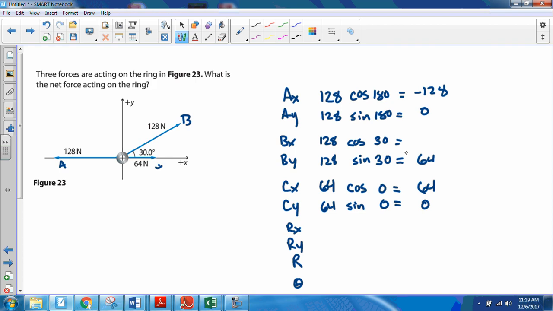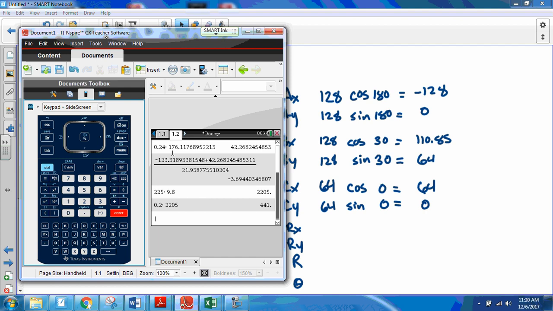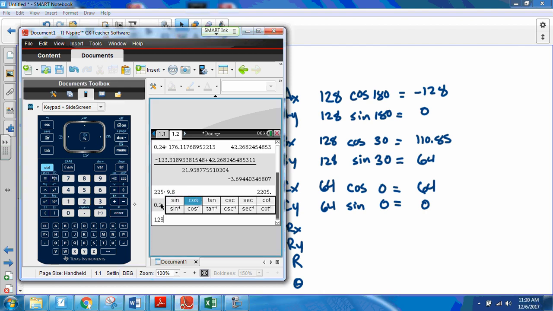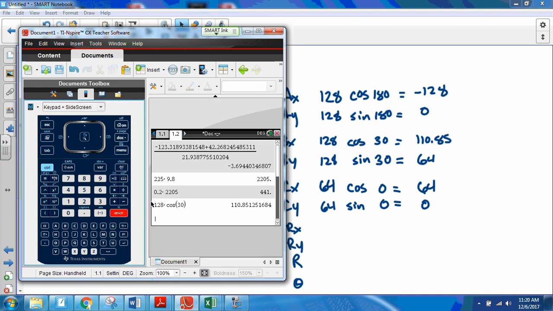So y'all just have to tell me that one. 110.85. I'm going to keep it all. I'm going to put 128 cosine 30 on the calculator just so I have it. Trig, cos 30, enter. 110.85, just like you told me.